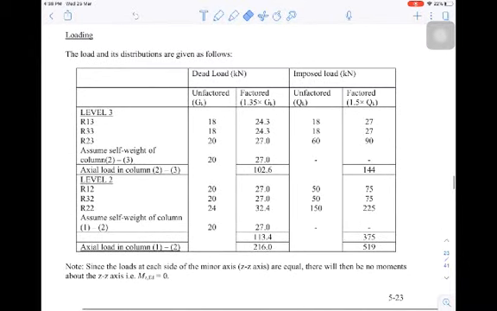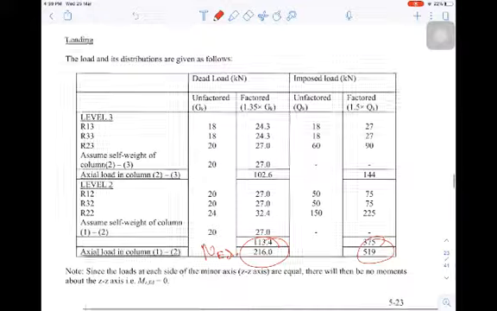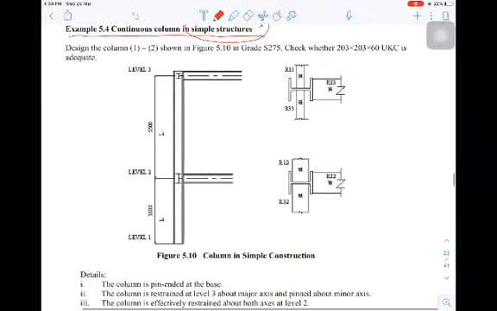They are given here a table where the value of NED comes from. It comes from the reaction of this particular beam here.